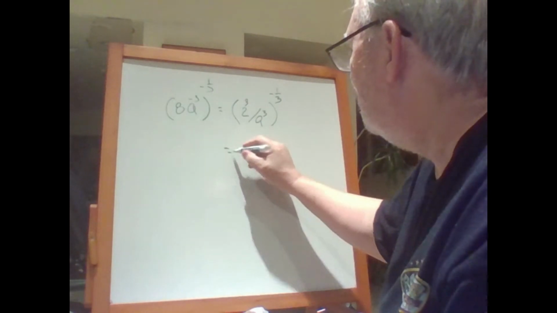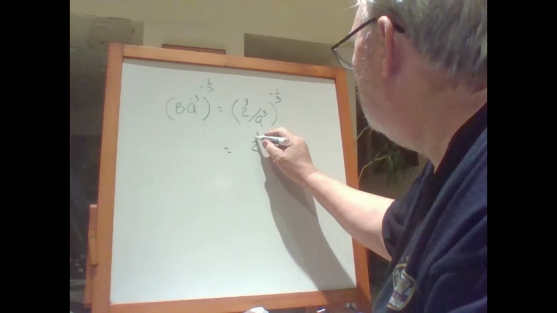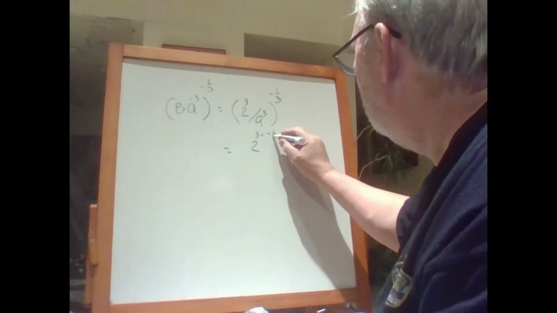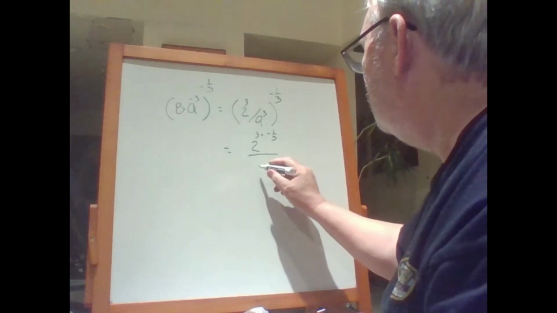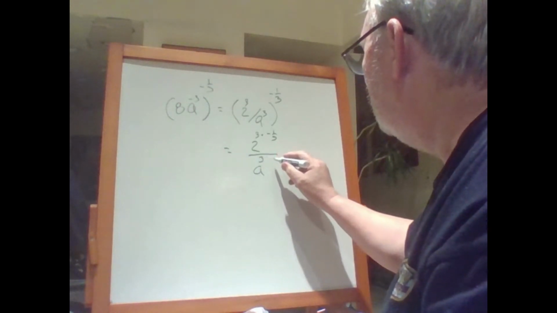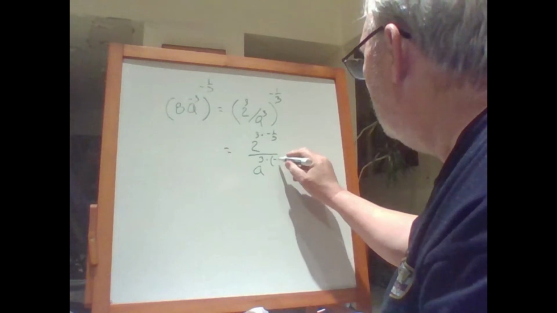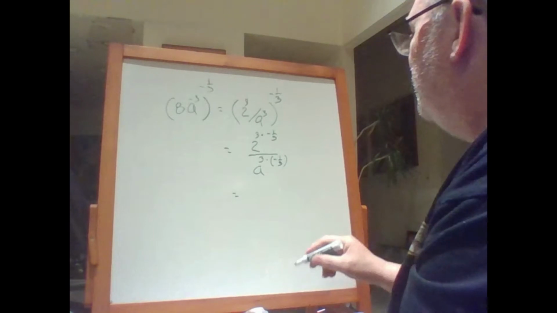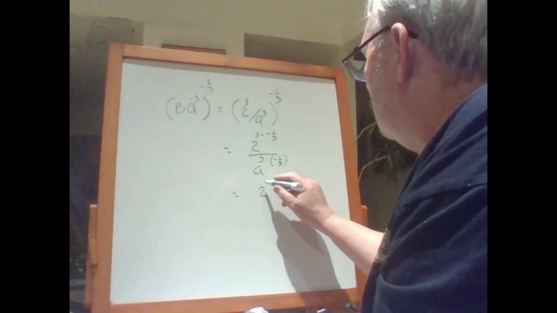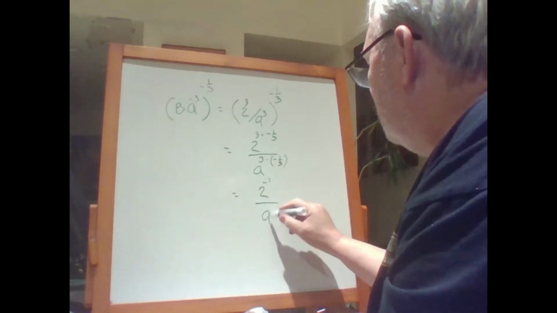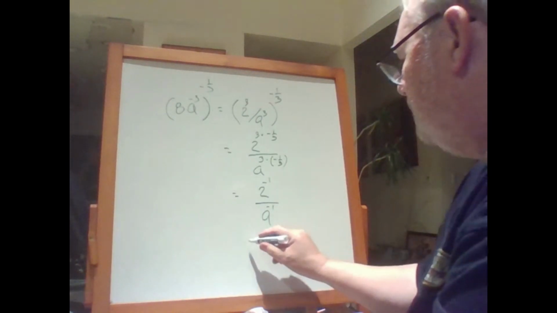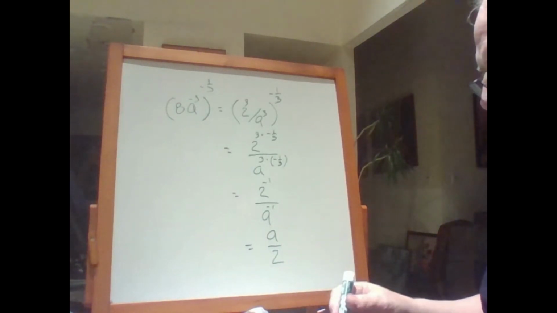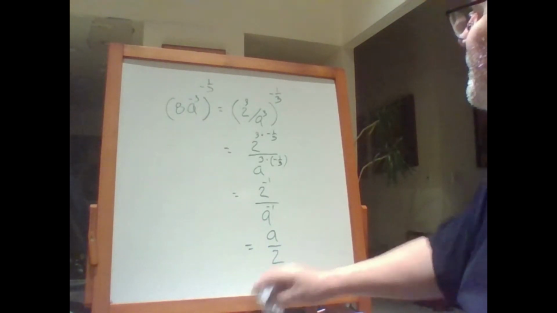So this is equal to 2 to the 3rd times negative 1/3, and this is a to the 3rd times negative 1/3, and that is equal to 2 to the negative 1 over a to the negative 1, and that's simply a over 2. And that's our result.